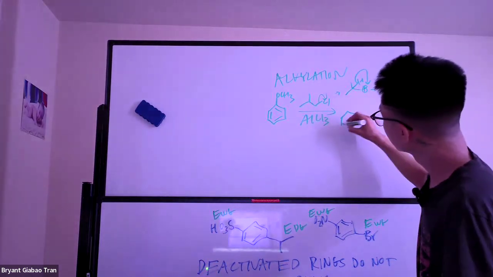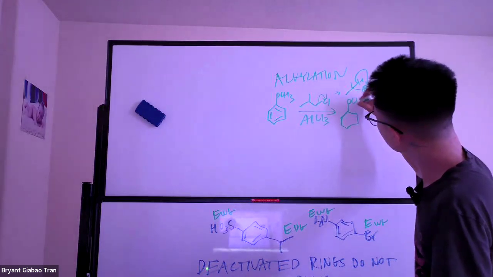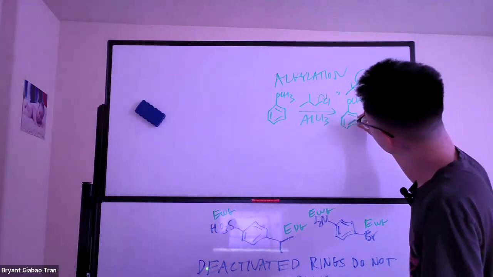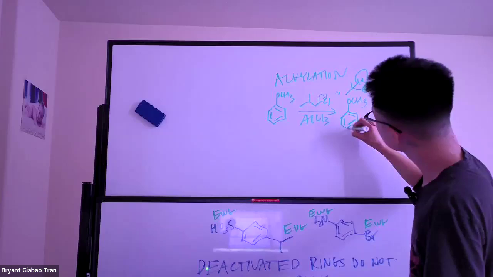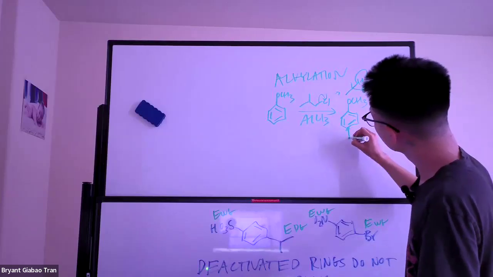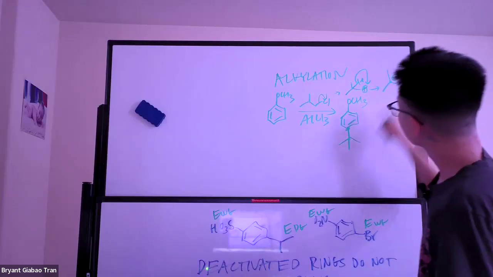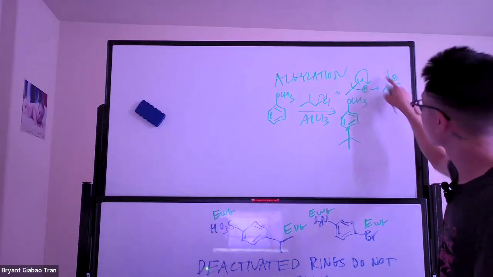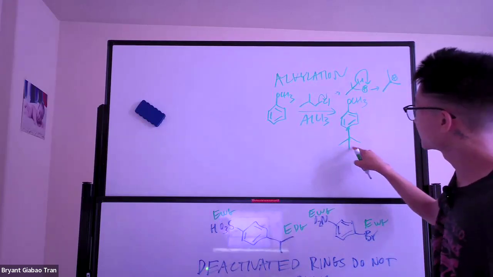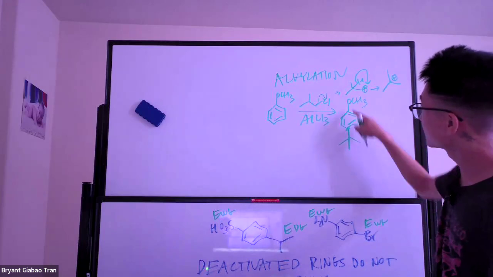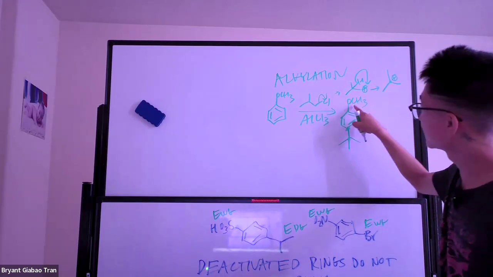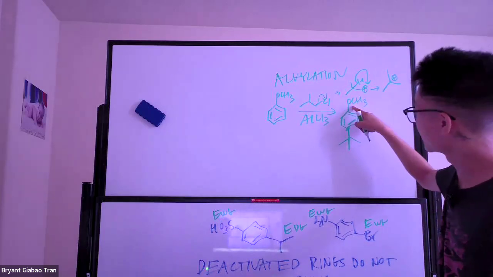Once that happens, this is the electrophile here. This is the nucleophile, where that electrophile is bonded to three methyl groups, 1, 2, 3, which is that three methyl group right here. The reason why I put it para to this group is because this is an ortho para director, an EDG.